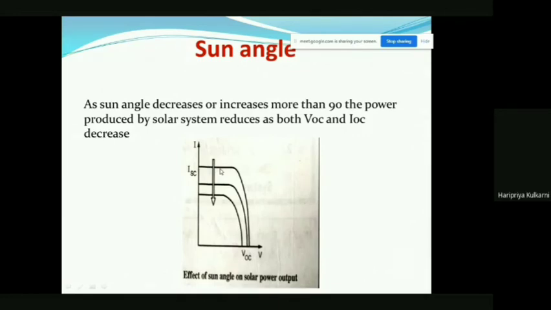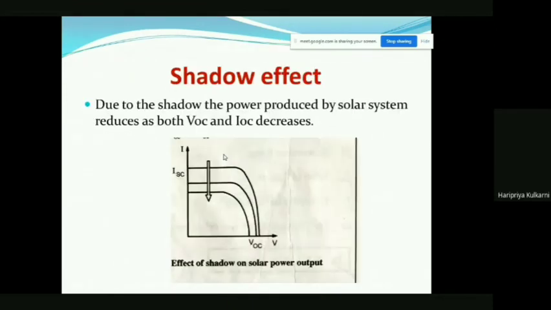From 12 noon to say evening 6 or 7, the sun angle again increases, but solar power extraction goes on decreasing. So as the sun angle varies, from 0 to 12 noon the extraction of power will go on increasing, but from 12 to evening, again it will start decreasing. Accordingly, the characteristics will move downward or upward.